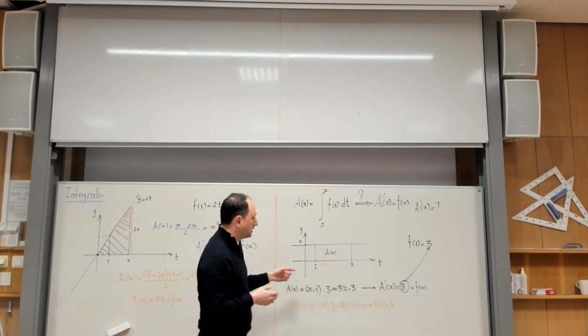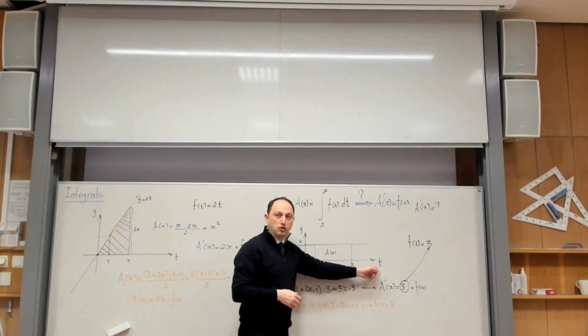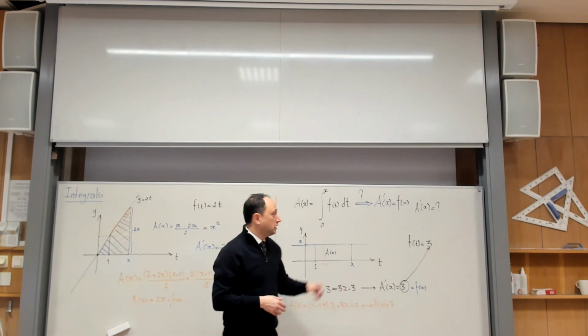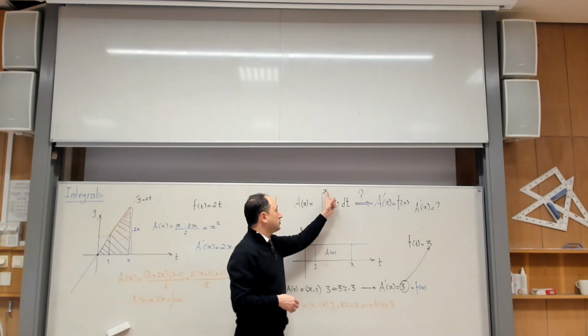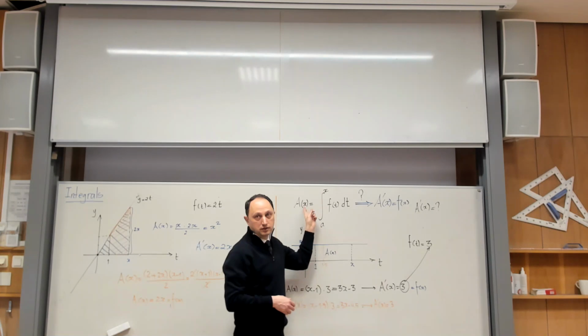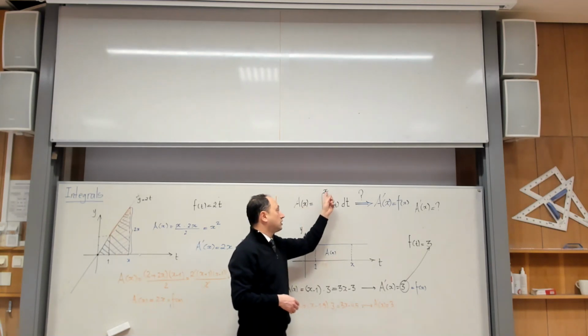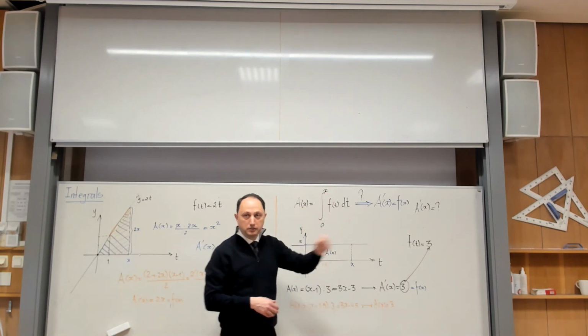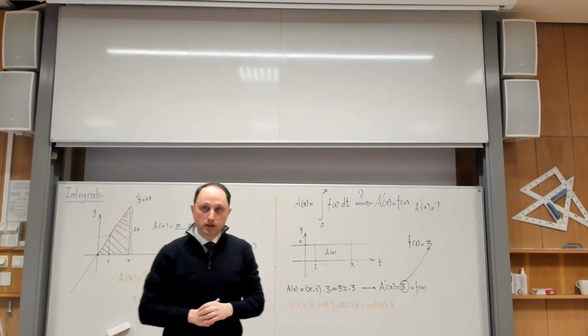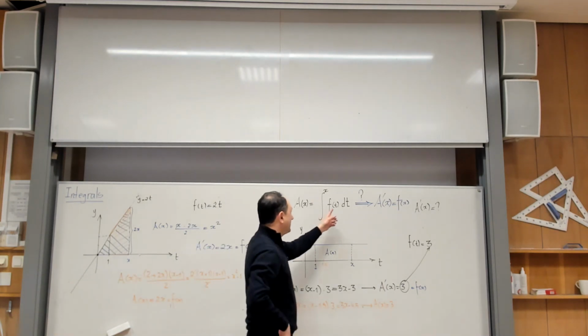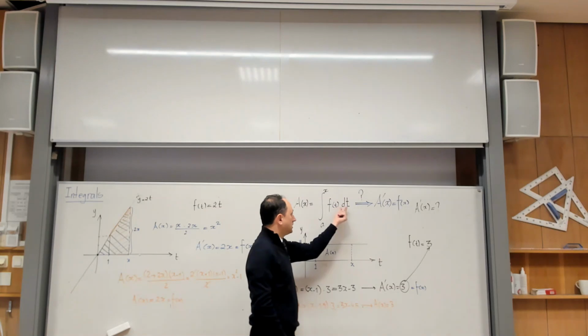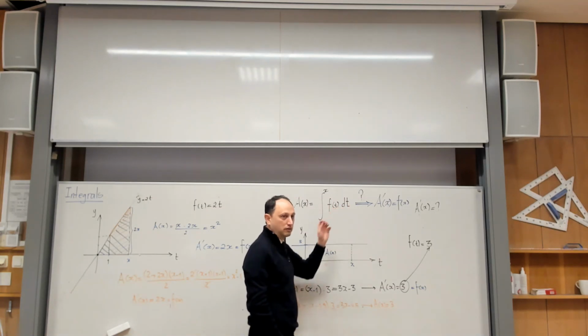Do you remember? I called it t. You can call it alpha. You can call it beta. But the important thing is that what you have here appears here. So this becomes a function from the top limit, the upper limit, yes? Is that clear? And then they say that the variable inside an integral is a dummy variable.